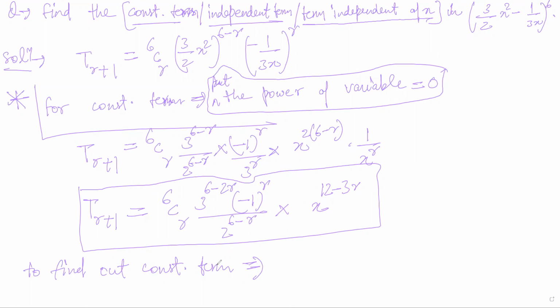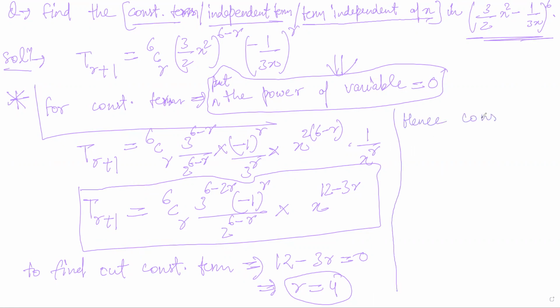So to find the constant term, always put the power of the variable equal to 0. Now, what is the power of the variable? 12 minus 3r. Put this equal to 0. From this, you will get your r. When you get your r, you can find which term is constant, I mean, which term is independent of x in this expansion, and what that term is. So put r equal to 4 in your general term.